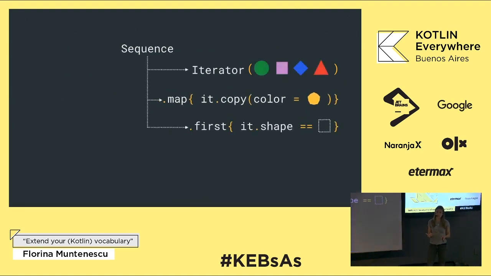Sequences, instead of holding a reference to the entire collection, just hold a reference to the iterator, that's all. They don't operate on the entire object. And then operations like first are called terminal, because only when sequences get to those terminal operations, only then the intermediate operations are going to be triggered.